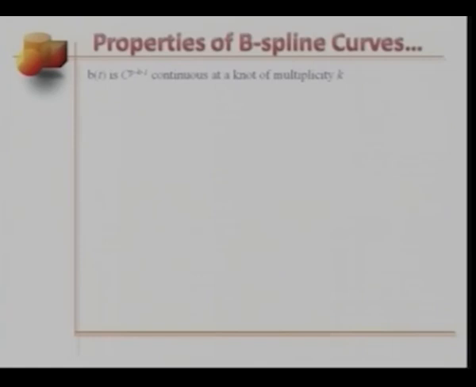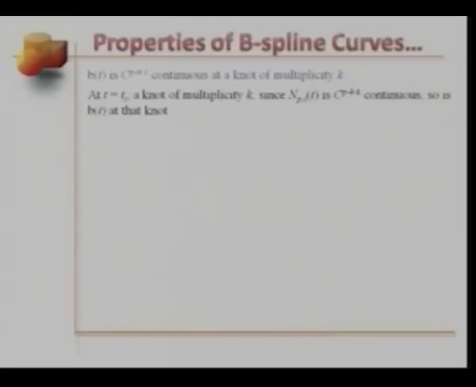And since B(t) is a linear combination of those basis functions, it has to have the same property. At t equals t_i, which is a knot of multiplicity k, since N_{p,i}(t) is C^{p-k-1} continuous, so is B(t) at that knot.